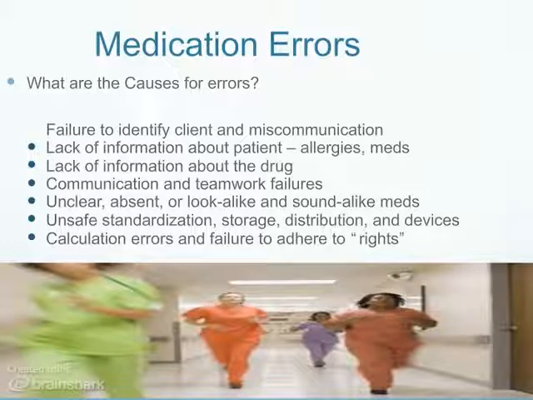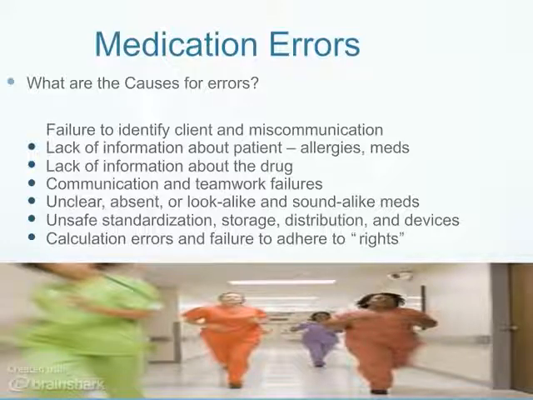So lack of information about our patients, their allergies, their actual medications. Sometimes we just don't know that medication and we feel like, well, I'll hurry up and give it. I'll look it up later. Well, that won't work either. People's names are similar, but so are medications. And we don't use a standardized approach to giving medications, and there isn't always one.